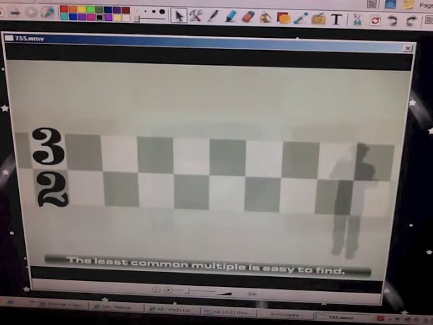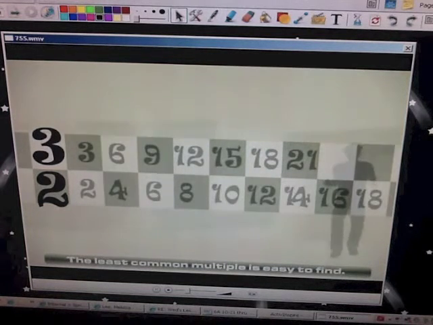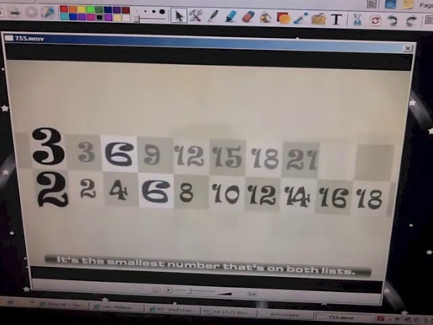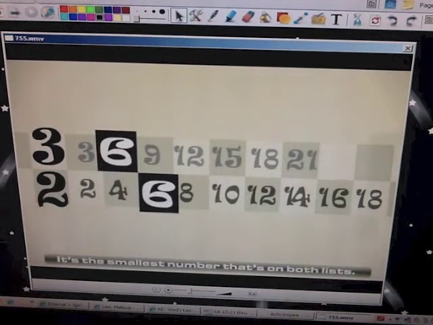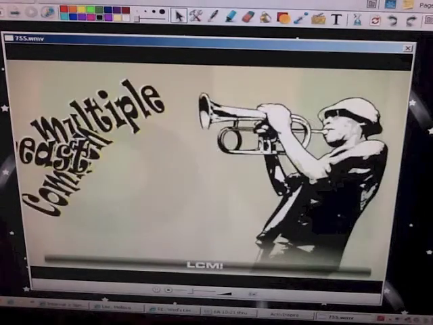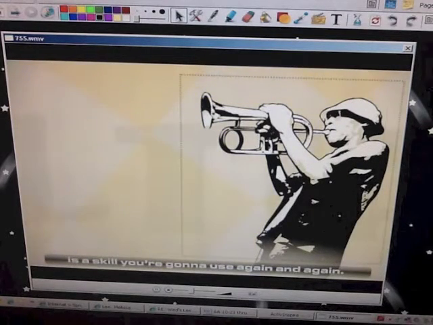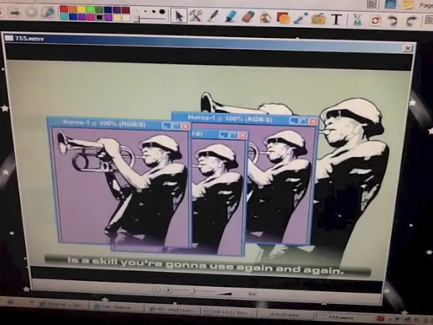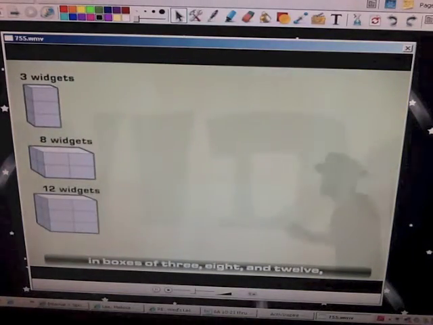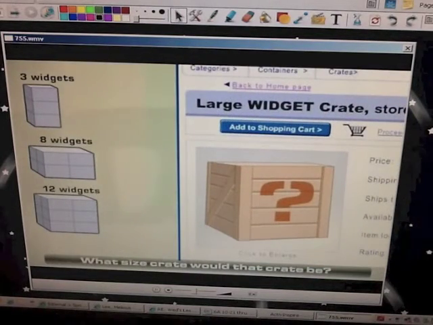The least common multiple is easy to find. List each number's multiples just like this. Hey, it's the smallest number that's on both lists. Widgets you wanted to sell in boxes of 3, 8, and 12. You want a crate that could hold them evenly. What size crate would that crate be?